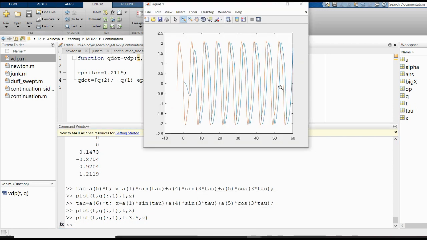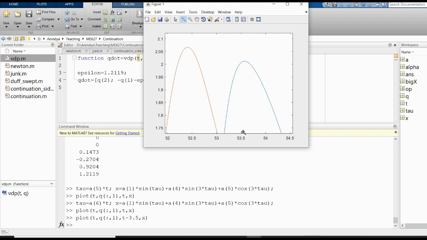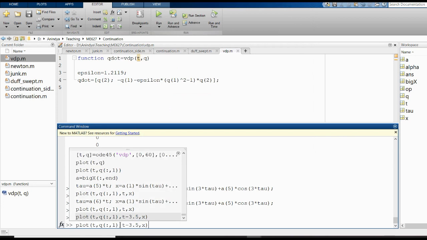No, I think I went too far. Let's see. What is the mistake I'm making here? 53.5, 52.5. That's 1.1. Okay, so let's try.